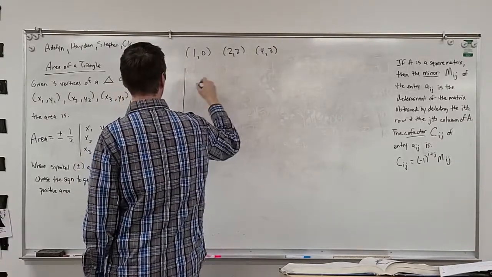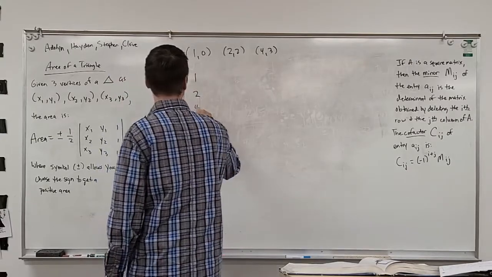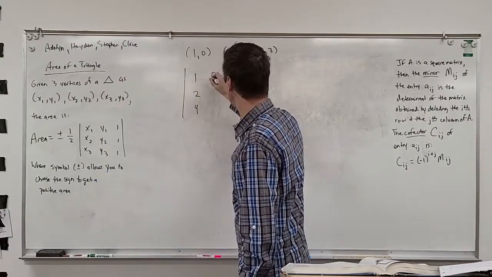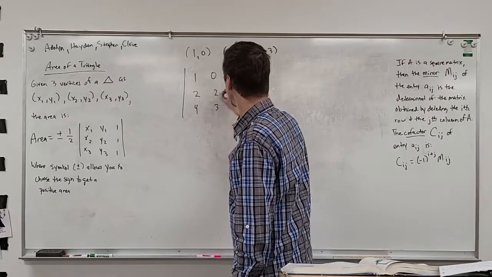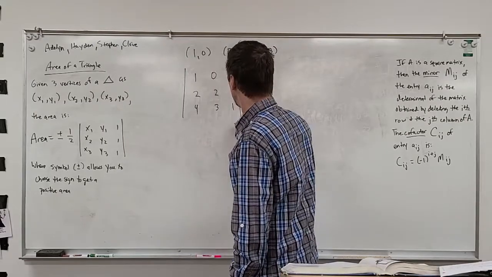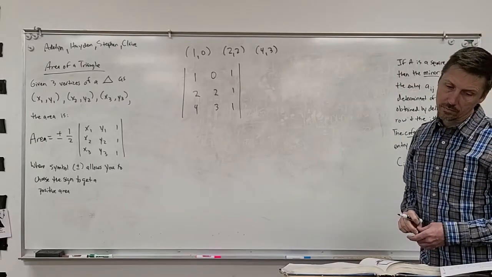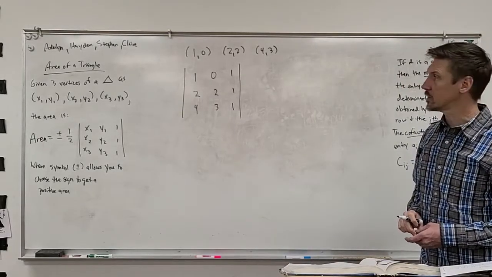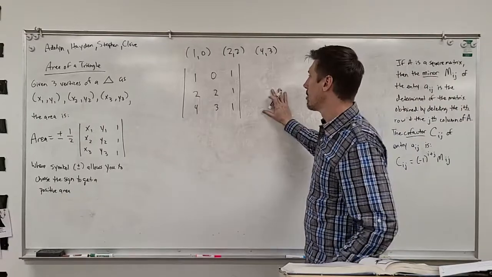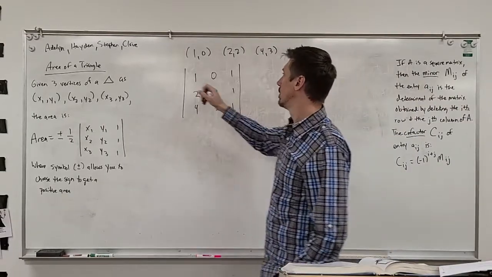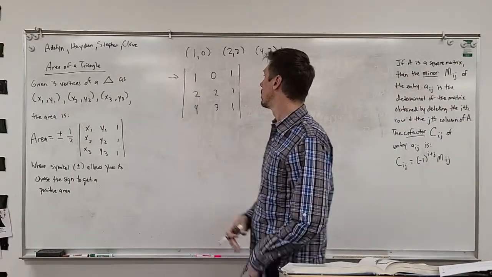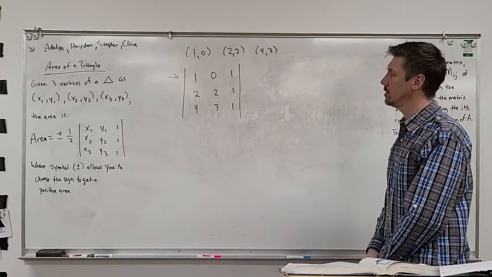So we take all of the x's, 1, 2, 4, and write them like that. Then we take all of the y's, 0, 2, 3, and then we write all 1's down there. And so that's what we're finding the determinant of. And so we would use this row here, which would be an easy one for us to use.